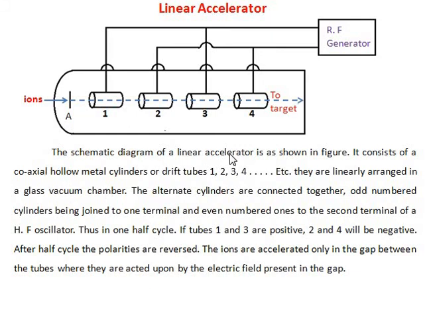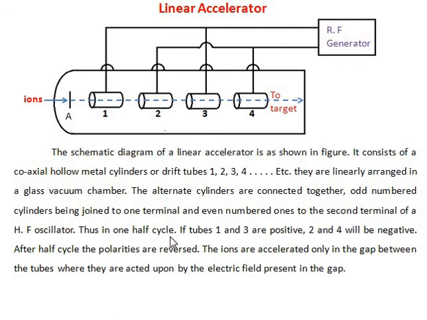The schematic diagram of the linear accelerator is as shown in figure. It consists of coaxial hollow metal cylinders or drift tubes 1, 2, 3 and 4, etc. They are linearly arranged in a glass vacuum chamber. The alternate cylinders are connected together, the odd numbered cylinders being joined to one terminal and the even numbered ones to the second terminal of the high frequency generator.